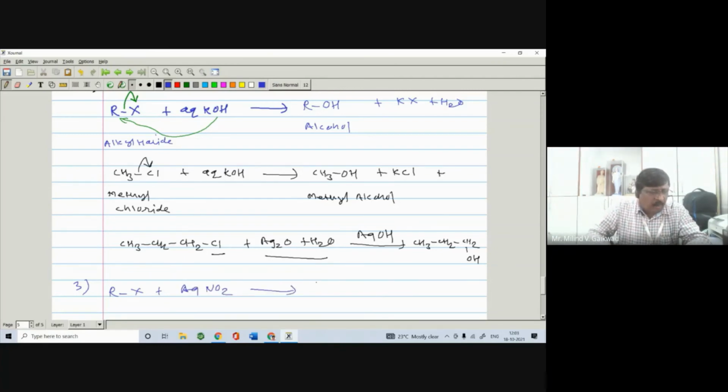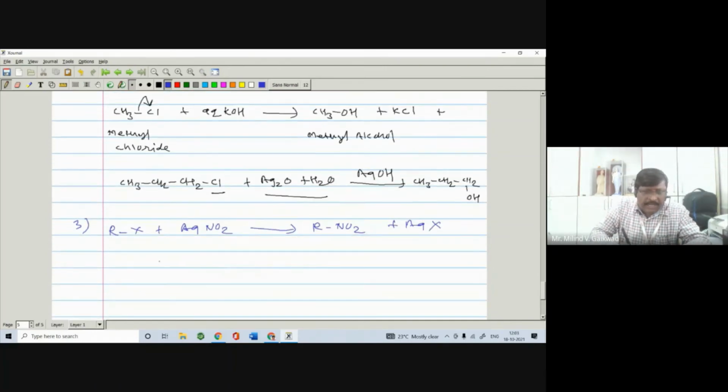Then there is a formation of RNO2, nitroalkane, plus AgX. The structure of AgNO2 is like this: here is the Ag, here is the O, here is the N with a double bond, and you have one lone pair on the nitrogen.